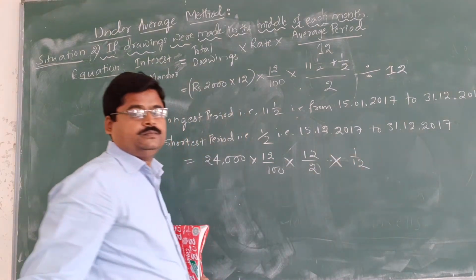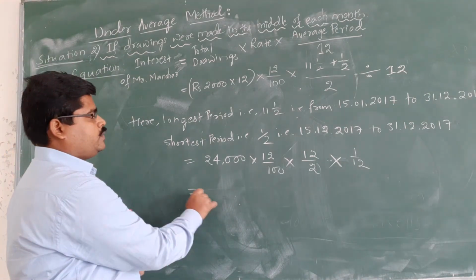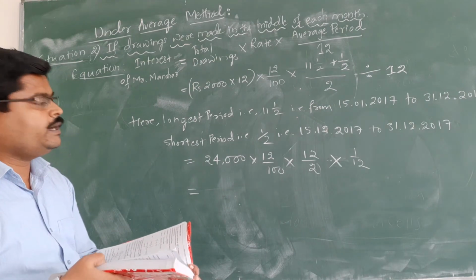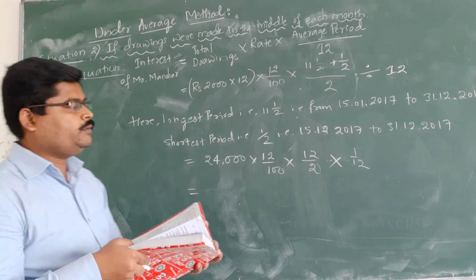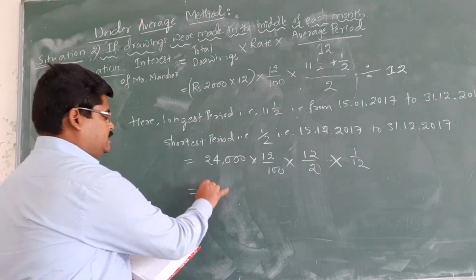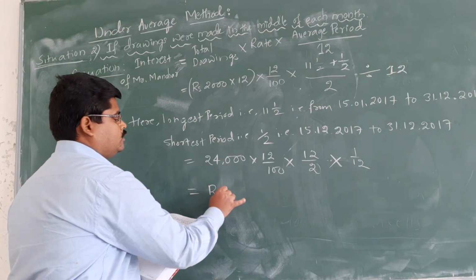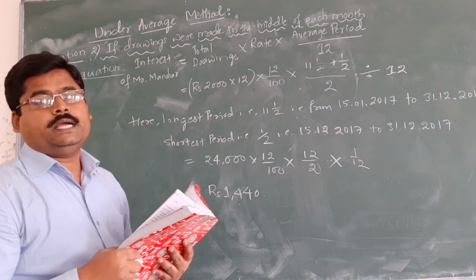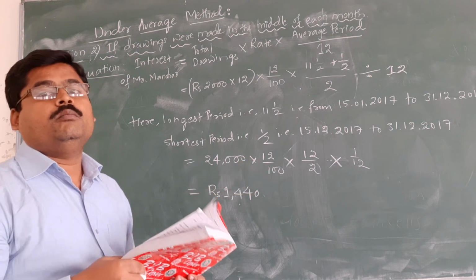If you simplify 24,000 into 12 divided by 100 into 12 divided by 2 into 1 divided by 12, your answer should be rupees 1,440. That will be the interest to be charged on Manohar's drawings.